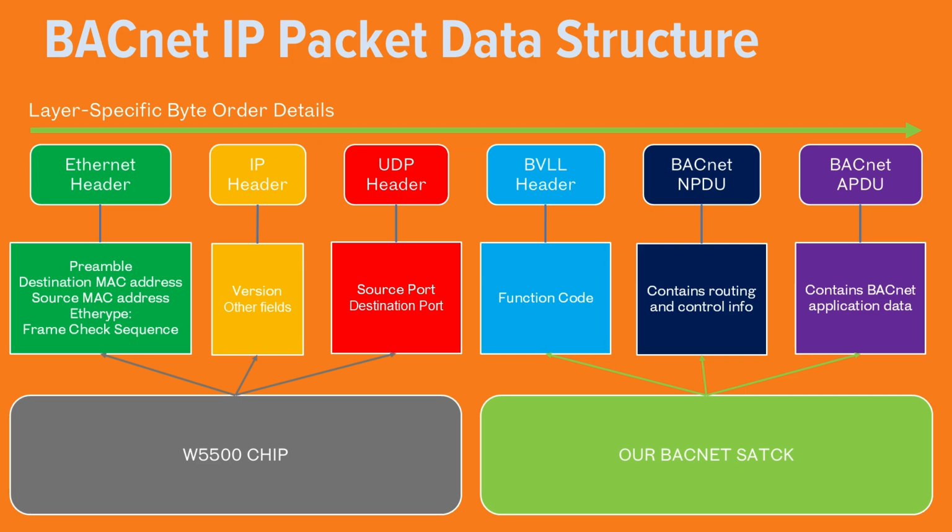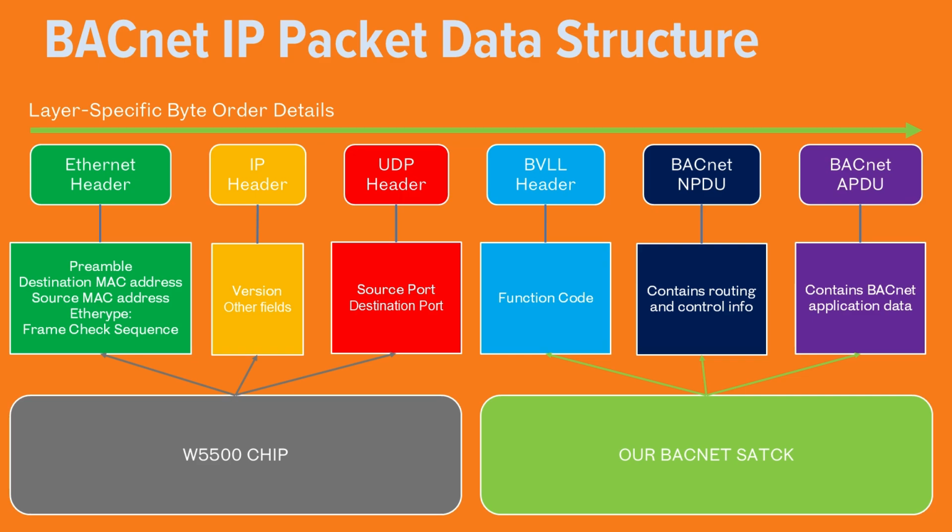On top of that, we have the BACnet specific layers, BVLL, NPDU, and APDU, which we implement in firmware. BVLL, the BACnet virtual link layer, defines the message type, like unicast or broadcast, and includes metadata such as packet length. NPDU, the network protocol data unit, handles routing, versioning, and control flags.